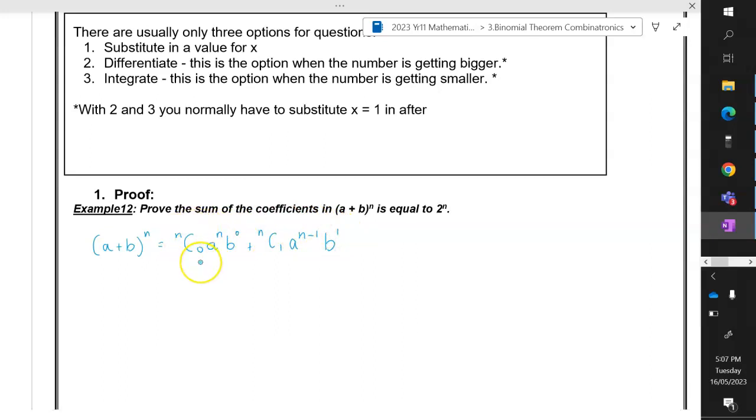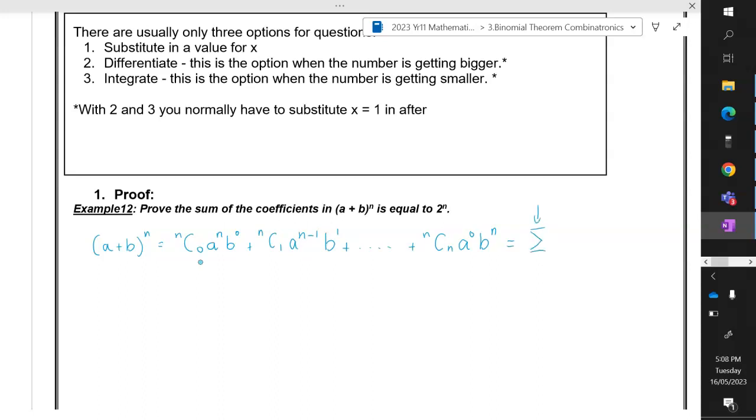So we're moving along until we get to our last term, which will be NCN, in which case our A will have a power of 0 and our B will have a power of n. So that's what the expansion looks like, but that is also able to be written as the sum.